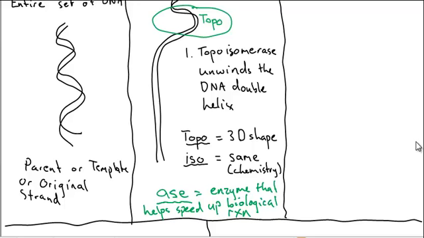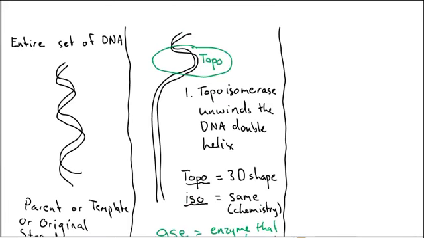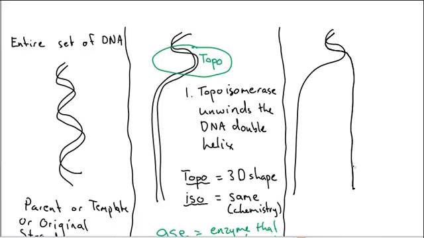Okay, so now that we've got the first step, the next step, we've got it unwound, we have to essentially unzip it, break those hydrogen bonds. So what happens? See that? This enzyme that's called helicase. I kind of draw it like a wedge shape because I view it coming up and wrecking it, tearing it apart.